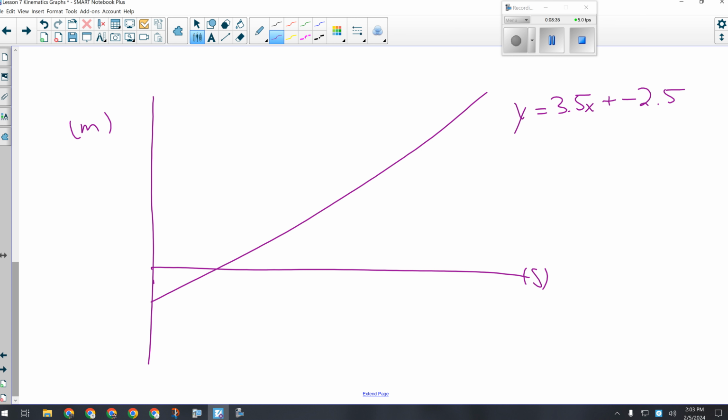Do we have a single linear function on this graph? It's only doing one thing. The line is just diagonal, doesn't do anything else. If I gave you this graph, here's probably one of the things I would ask you. What's the velocity of this object?